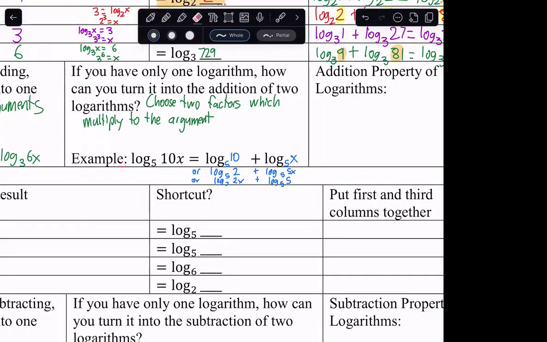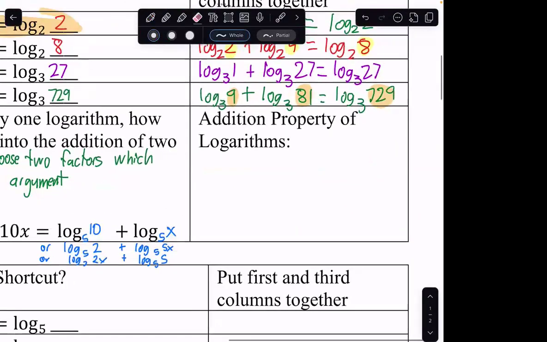Okay, so finally, let's formally state this in symbols.